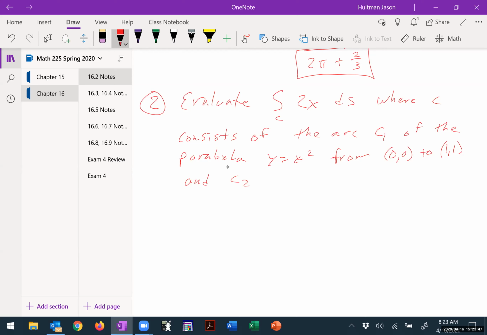C2 is the line x equals 1 from (1, 1) to (1, 2).